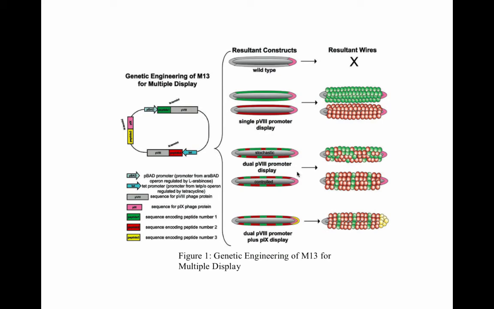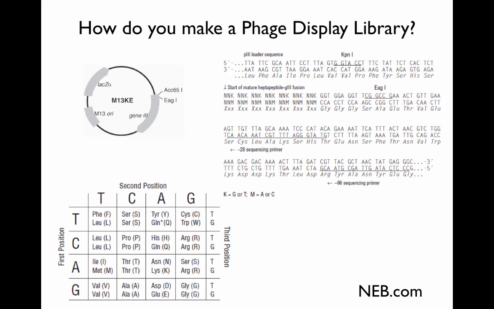You can make them all sorts of interesting wires. So if you display peptides that will, for example, bind gold or iron oxide, you can get them to make a nanowire. And you can also get them to target. So this is one particular virus that I've made that has iron oxide for MR and for heating for therapy, targeted to a protein that's really important in metastatic tumors.